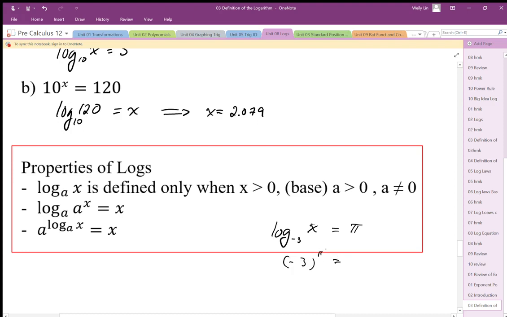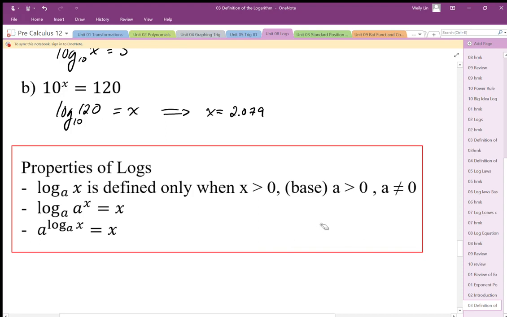We don't know. Okay, it's not defined as negative or even or odd. So we don't know if we're going to get negative or positive here for x. So to avoid that, we just say we cannot have negative bases. We have to have positive bases only.